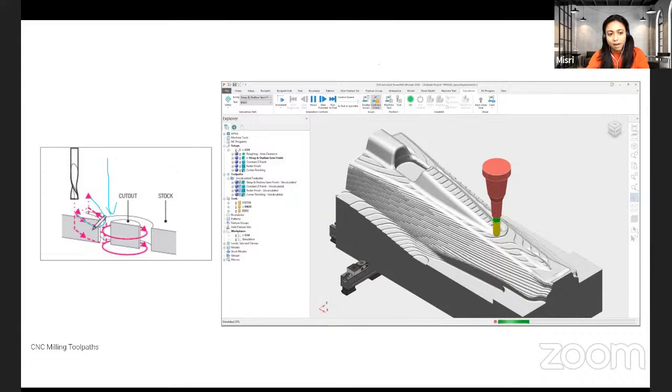You have to ramp into it. If I were to show the toolpath, like the arrows go, you ramp into it as a slow, steady step. You go around it and you come back out.